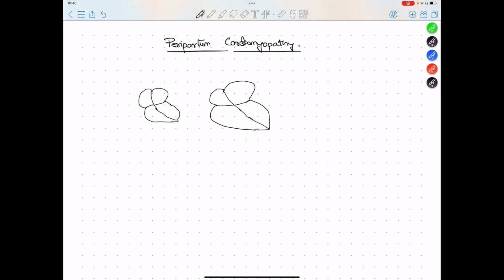What happens here is the systolic dysfunction, that is the pumping capacity of the heart decreases. So, as you can understand, this is the normal heart, and this is the heart of a pregnant woman, or 5 months postpartum, right?